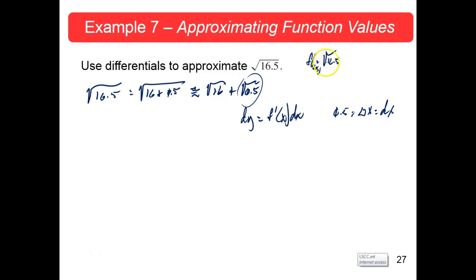So if this is your square root function, if your f of x is equal to, I'm going to write it x to the 1/2, what is your df? Didn't we just do those? I even wrote it in the easier form for you.